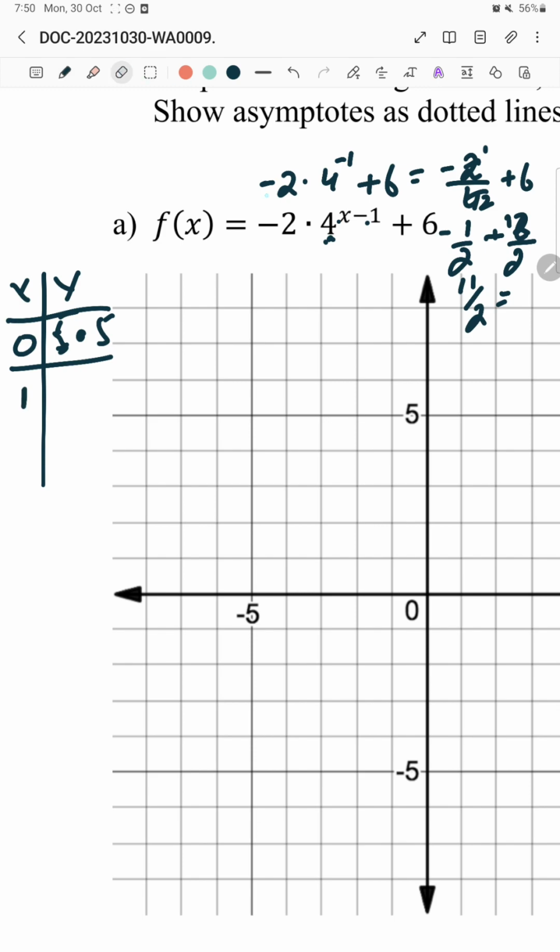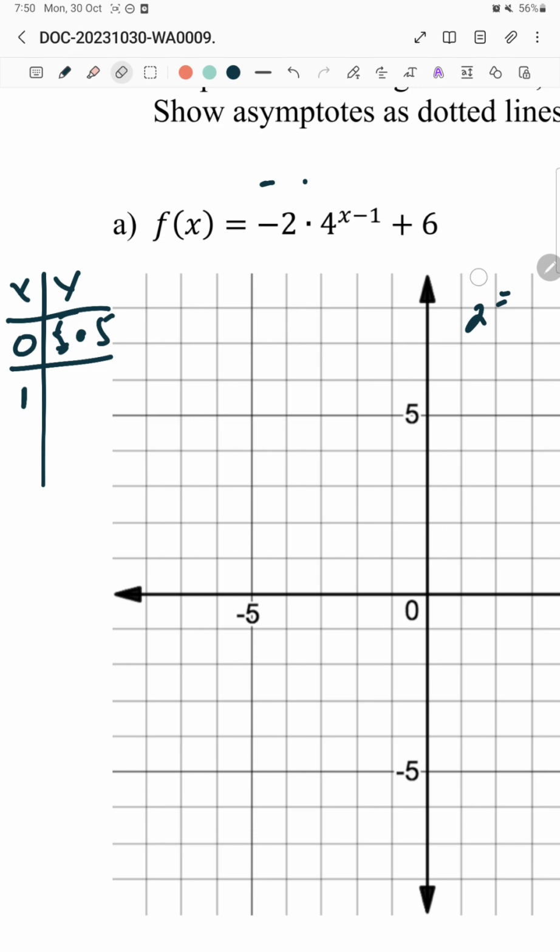X is 1. One minus 1 is 0, 4 to the power 0 is 1. So -2 plus 6 is 4.